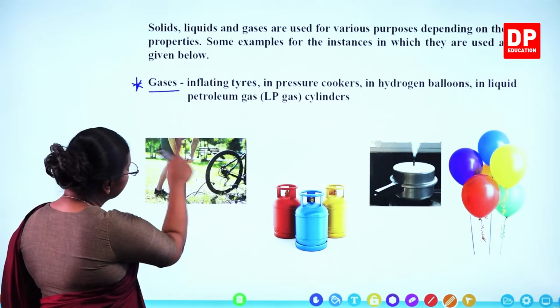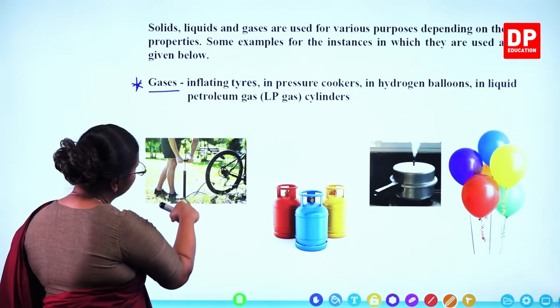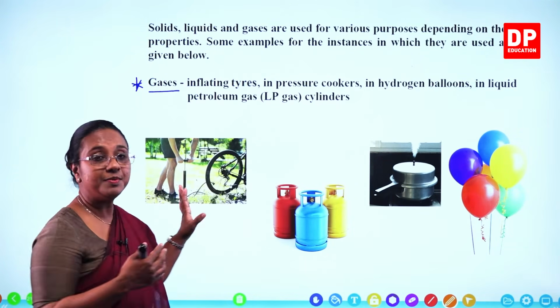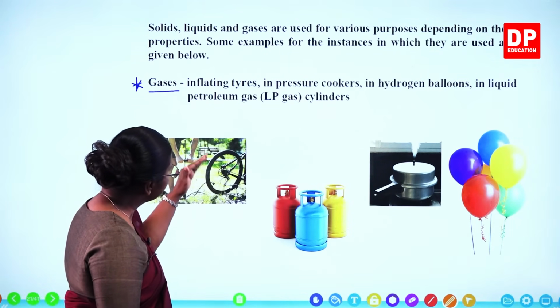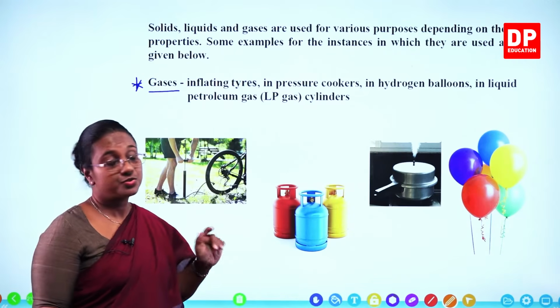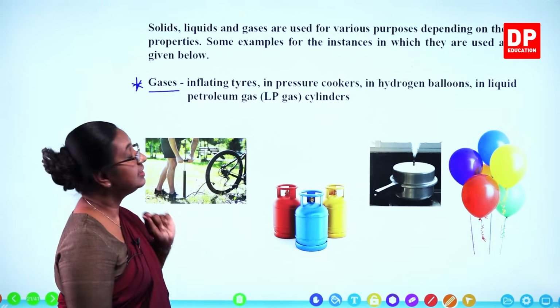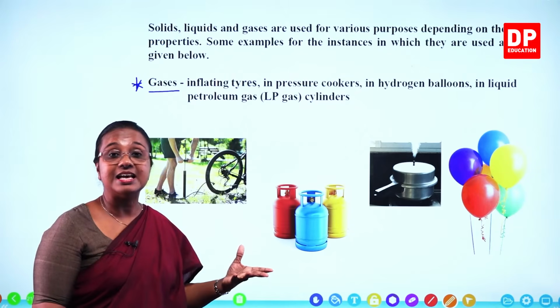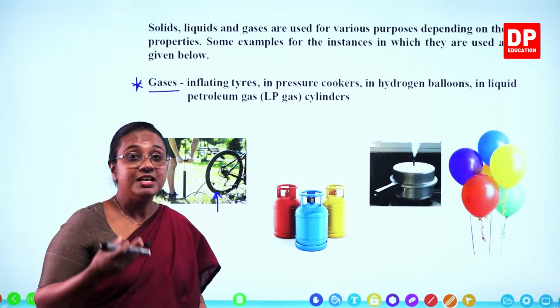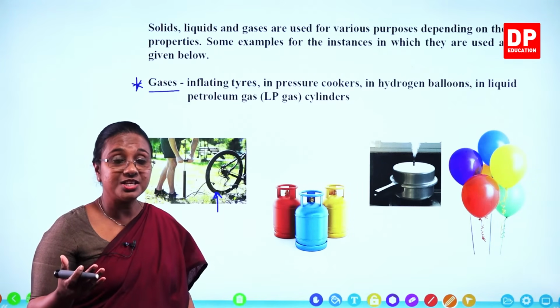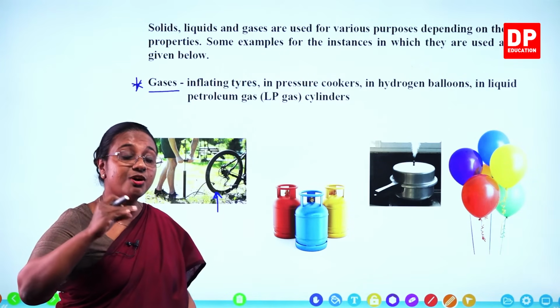The first one, inflating tires. So when you use the pump, the cycle pump, you inflate the tire with air. So there inside the tire, there is air. That is in the gaseous state. So that is possible. Now you have seen when it's deflated or when there is a puncture in the tire, it becomes very soft.